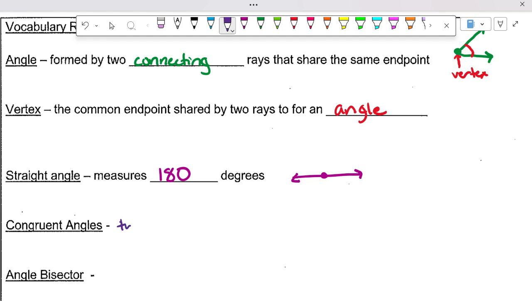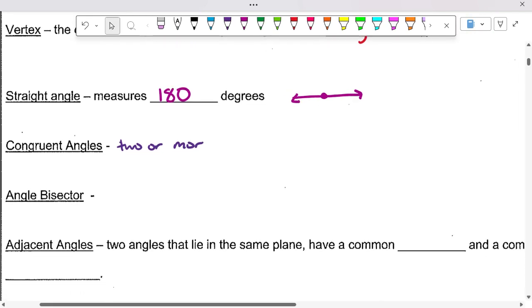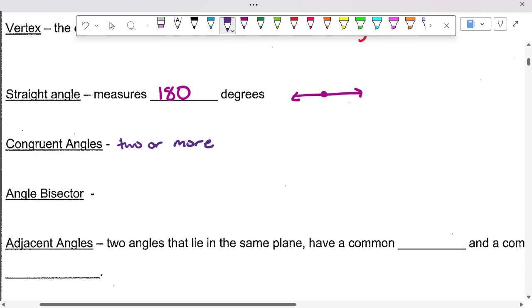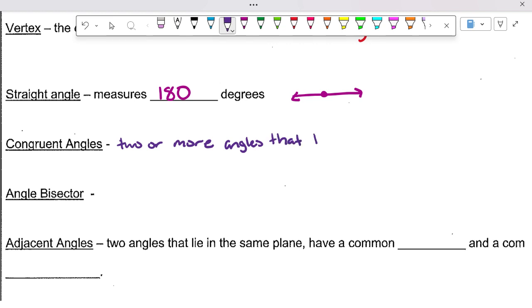So it's 2 or more angles that have the same degree of measure.